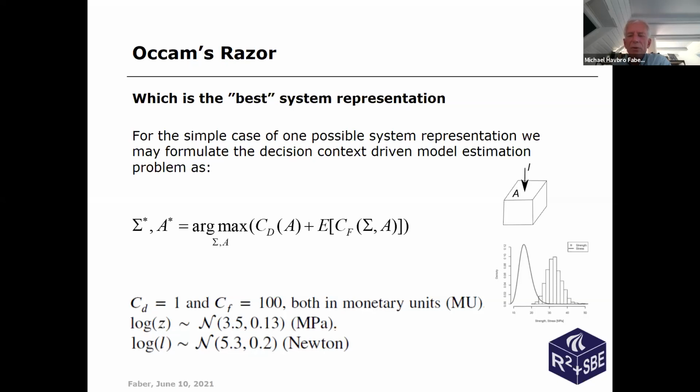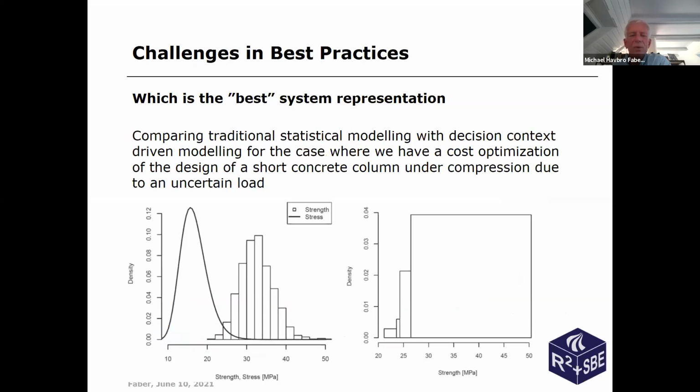So now we are searching for an optimal histogram instead of using the standard approach, right? What you see here are the two histograms. On the left-hand side you have the traditional one, and on the right-hand side you have the optimal histogram. So this is your optimal probabilistic model in the context of this particular decision problem.